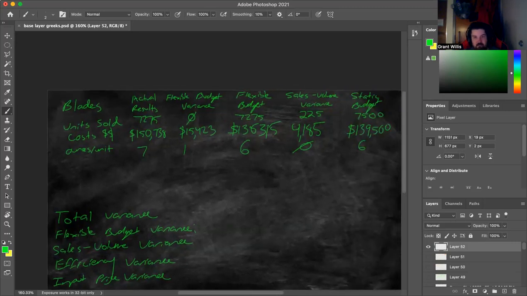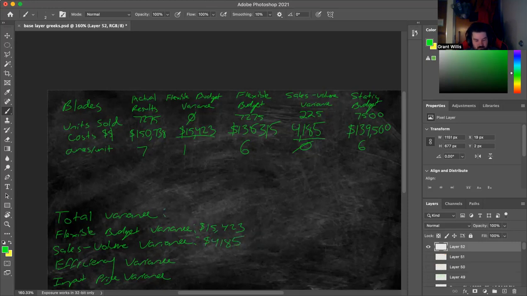Now we've already done a couple. Flexible budget variance is right here, so that's just going to be 15,423. Sales volume variance is going to be this number right here. So we've already solved for 2 of them, 2 down already.